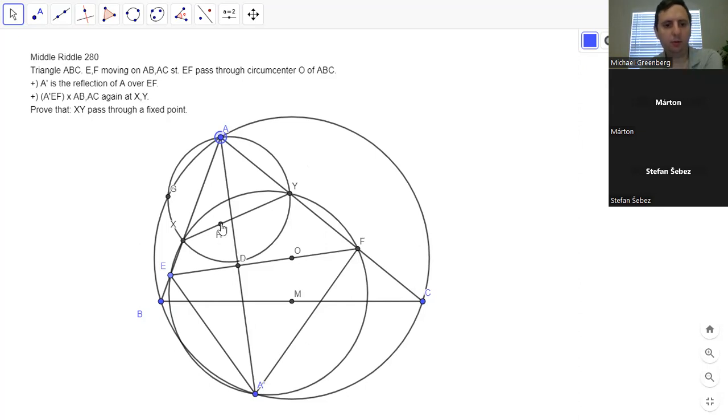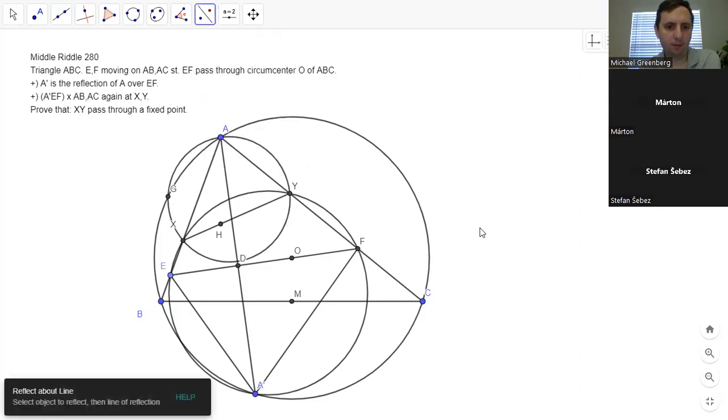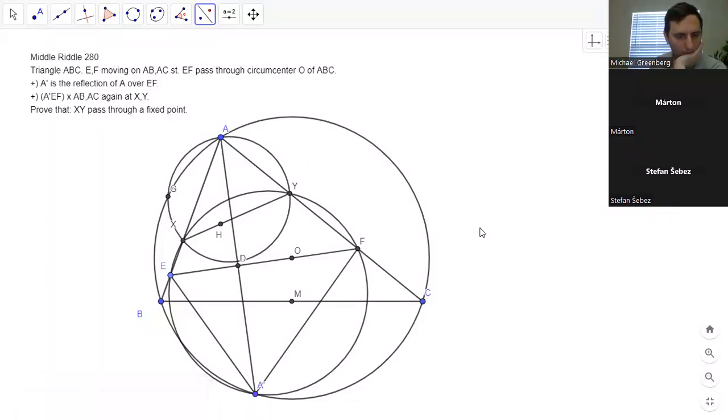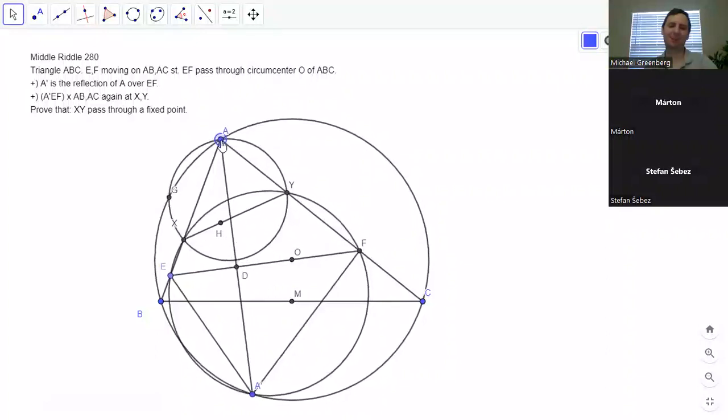Maybe we want to use that the reflection of H over BC lies on the big circle. Maybe that would help. I feel like there's probably a super simple solution to this, but super simple solutions are often hard to see.